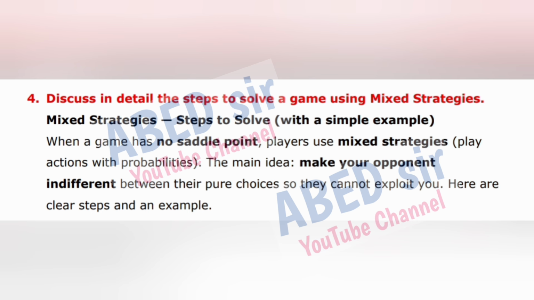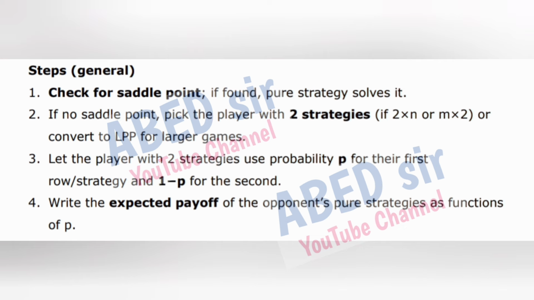Here are clear steps and an example. Steps. General. 1. Check for saddle point. If found, pure strategy solves it. 2. If no saddle point, pick the player with 2 strategies. If 2 times n or m times 2, or convert to LPP for larger games. 3.